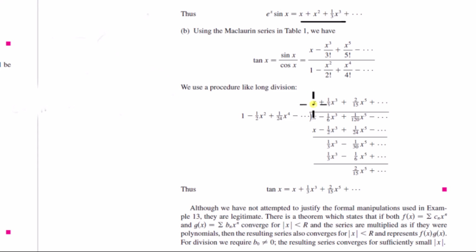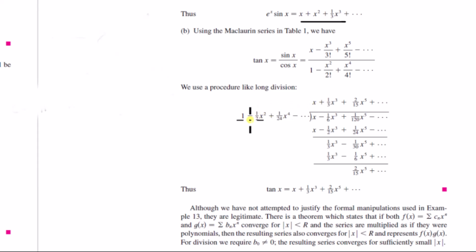So okay, you get x up here. After you divide x by 1 and put x here, you multiply x by the divisor. So you get x times 1 is x, and x times minus 1/2 x squared is minus 1/2 x cubed. But you would potentially need a placeholder if this was just x to the first.